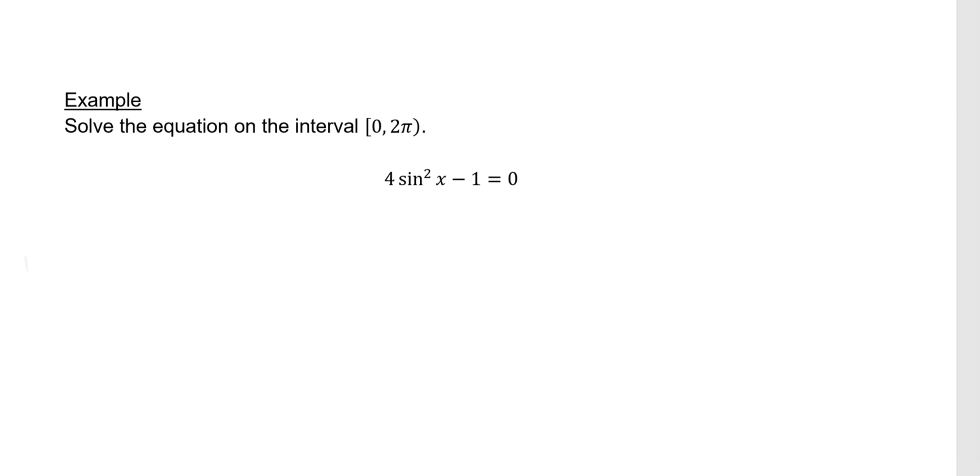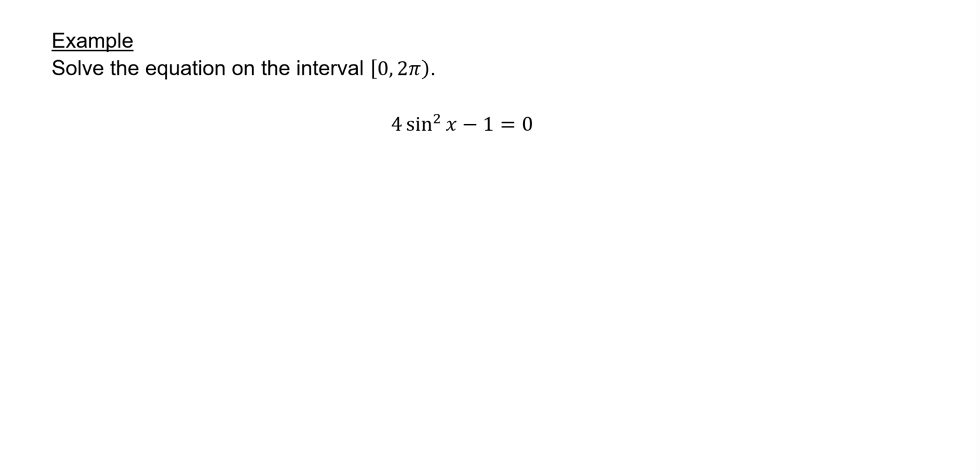Okay, let's see another one of these quadratic forms. So 4 sine squared x minus 1 equals 0. We want to solve this on the interval 0 to 2 pi once again. So this is still in quadratic form because we have something squared, right?